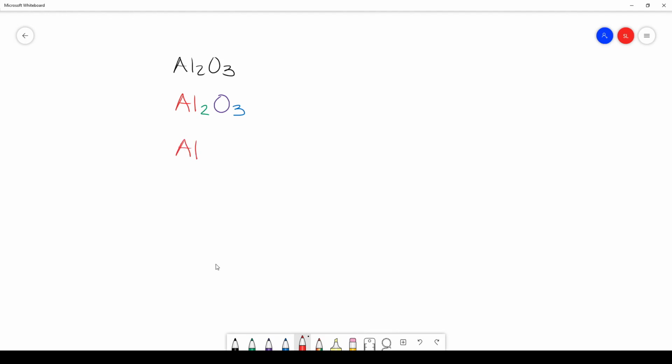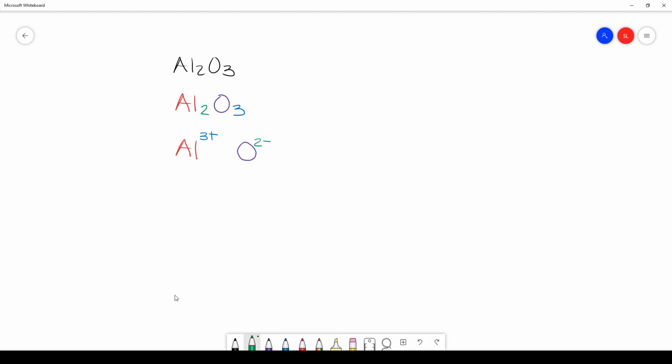Aluminum has the symbol Al. And now I run through my list: group 1A, 2A, 3A, cadmium, zinc. Aluminum is group 3A, so it has a charge of 3+. It's one of the fixed charges, but you need to know what it is. Oxygen, when it is an anion, has the symbol O anyway, but as the anion, it has a charge of 2 negative.